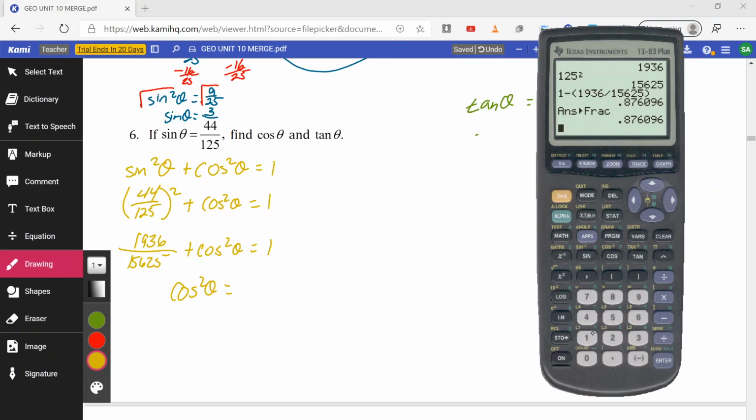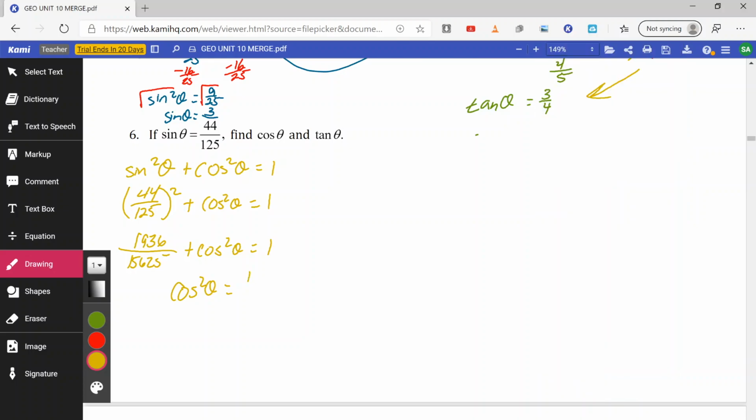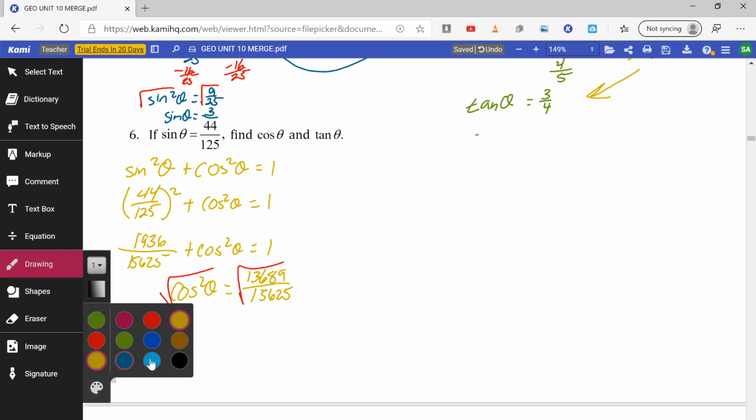So again, 1 as a fraction would be 15,625 over 15,625. So 15,625 minus 1936 gives me 13689 over 15625. And we'll take the square root of both sides to get cosine.